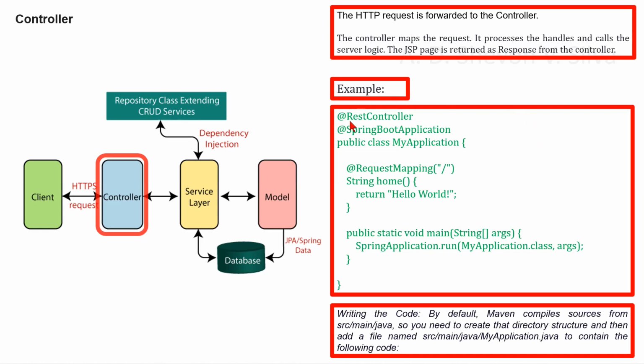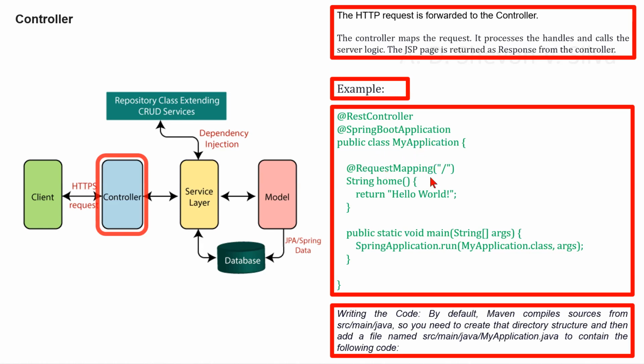The @RestController and @RequestMapping annotations. The first annotation in our MyApplication class is @RestController. This is known as a stereotype annotation. It provides hints for people reading the code, and for Spring, that the class plays a specific role. In this case, our class is a web controller, so Spring considers it when handling incoming web requests.